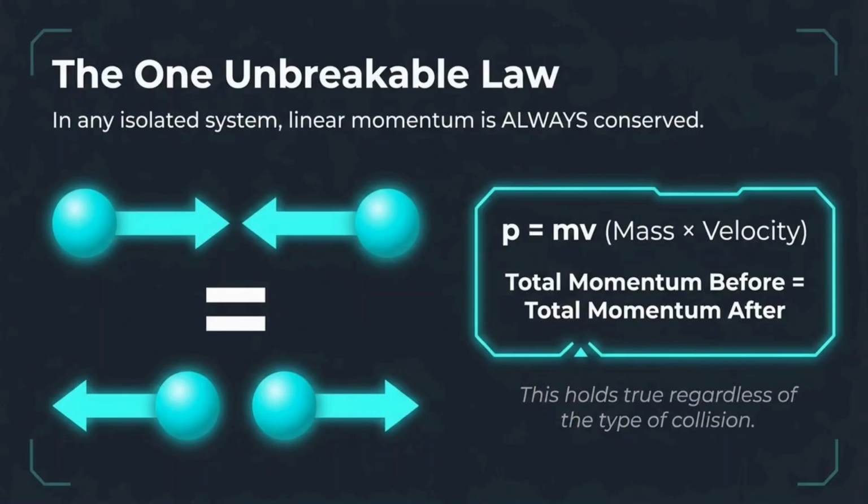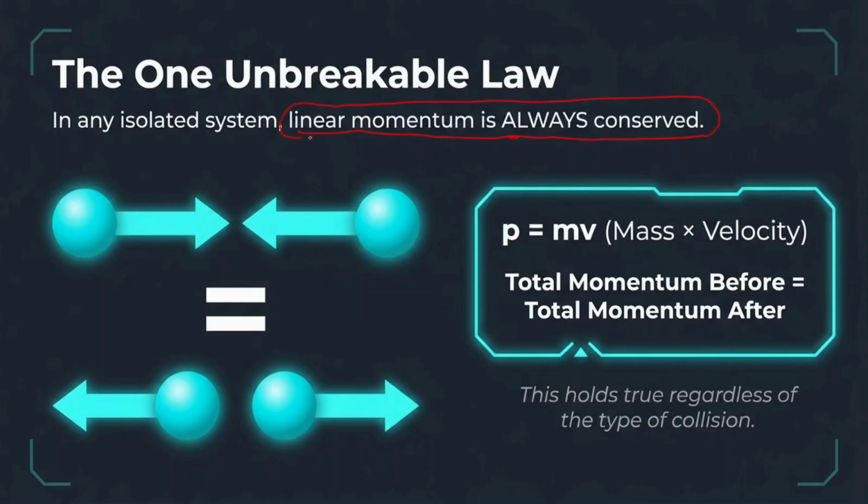Now we come to one of the most important laws in collision physics, which is that linear momentum is conserved in an isolated system. So here I consider one isolated system. In every isolated system, linear momentum is always conserved. This is the thumb rule, you can say.